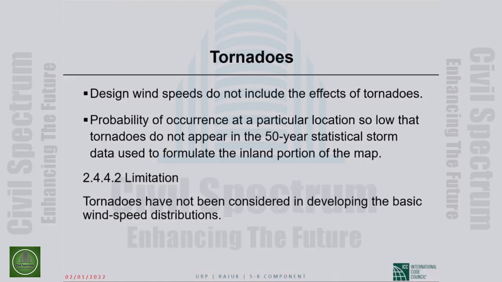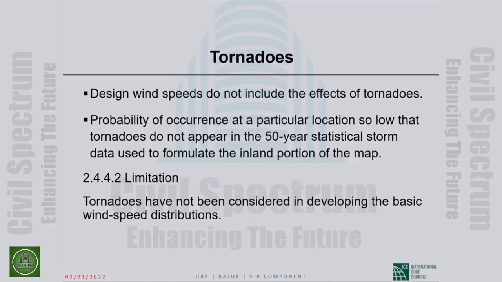Bangladesh has much more of a variation, as you will see. Design wind speeds do not include the effects of tornadoes. That has been true until ASCE 7-22, where things are going to change.